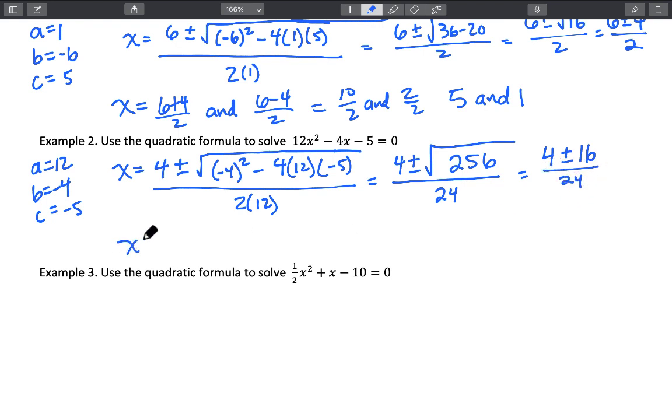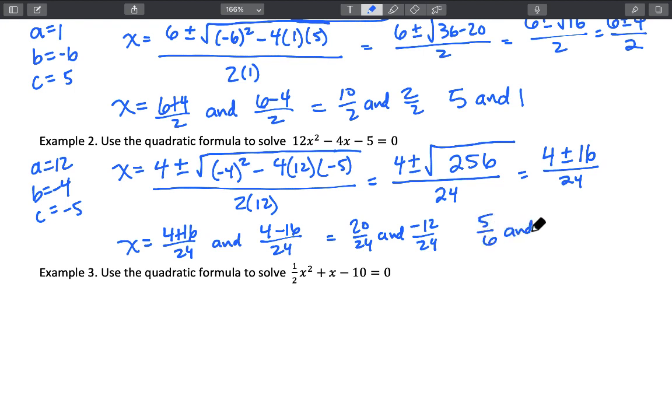Now we're going to simplify that. We got 4 plus 16 all over 24 and 4 minus 16 all over 24. So my two solutions here are going to be 20 over 24 and negative 12 over 24. So we can reduce those even further. That's going to reduce to 5/6 and negative 1/2.